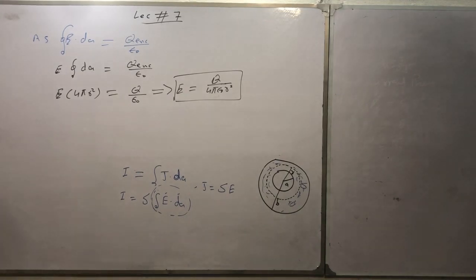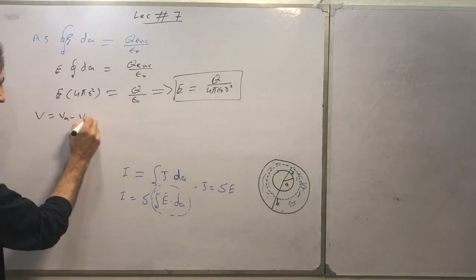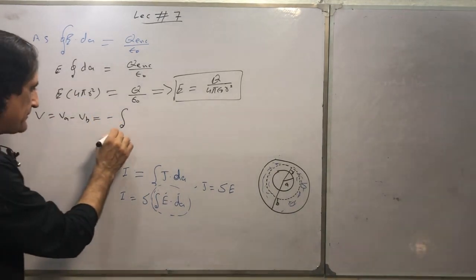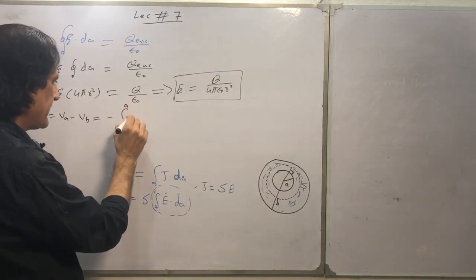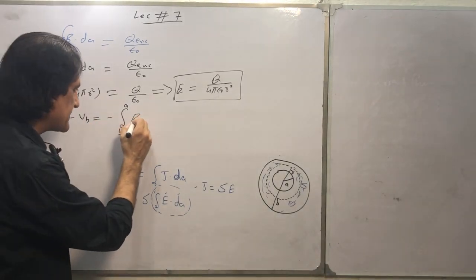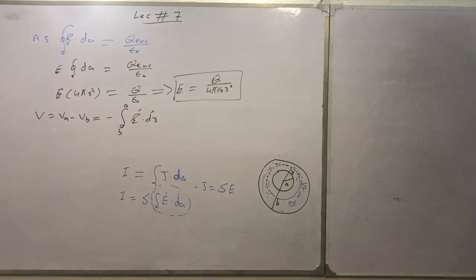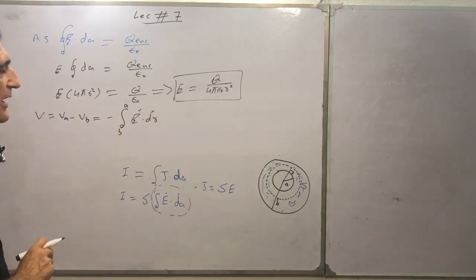We know that V, which is equal to VA minus VB, is equal to minus the integral from B to A of E dot dr. We have already found the electric field.